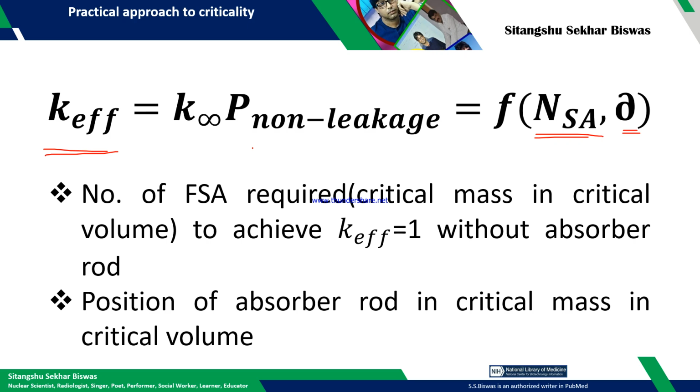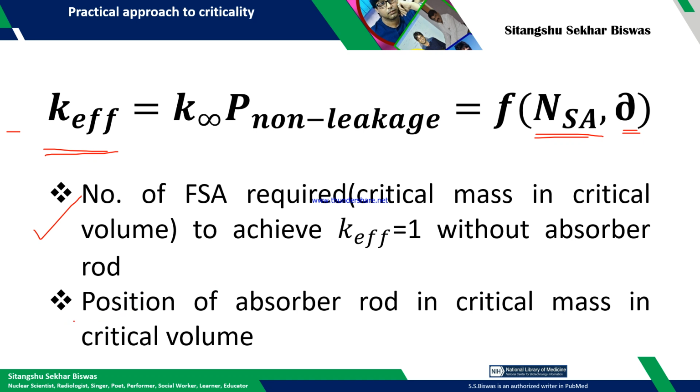That means if that many subassemblies are loaded in the core and there is no absorber rod, then the background neutron population will increase eventually, and that neutron population itself is sufficient to maintain a sustained chain reaction, which implies the effective multiplication factor is 1. So the first thing we will estimate is how many subassemblies are required in the core to take the reactor towards criticality.